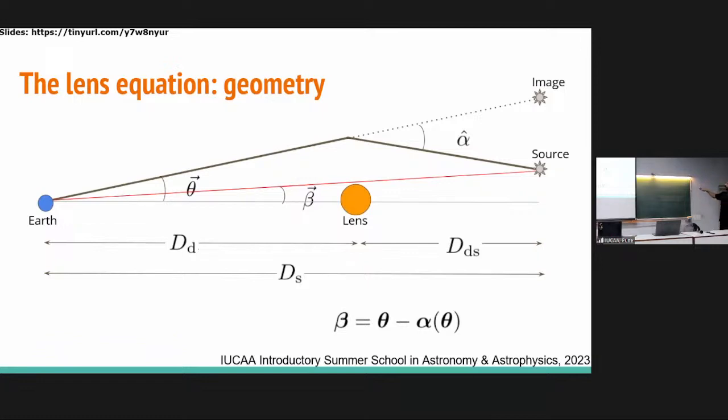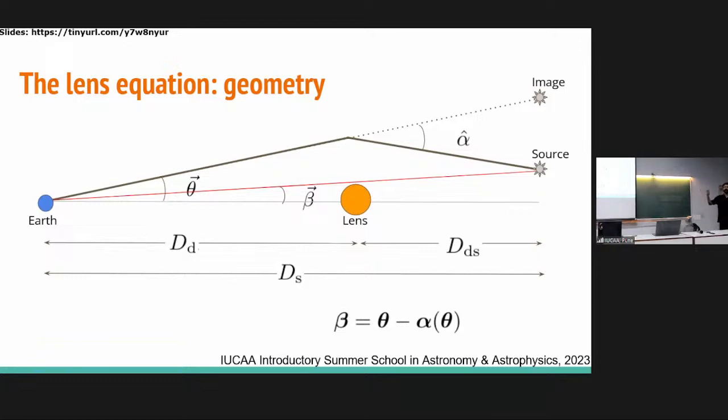Now because the light got deflected and came to you here, you can extrapolate this ray. The image that you will see of that source will be somewhere, and the angle that the image makes with respect to the Earth-lens direction is theta.